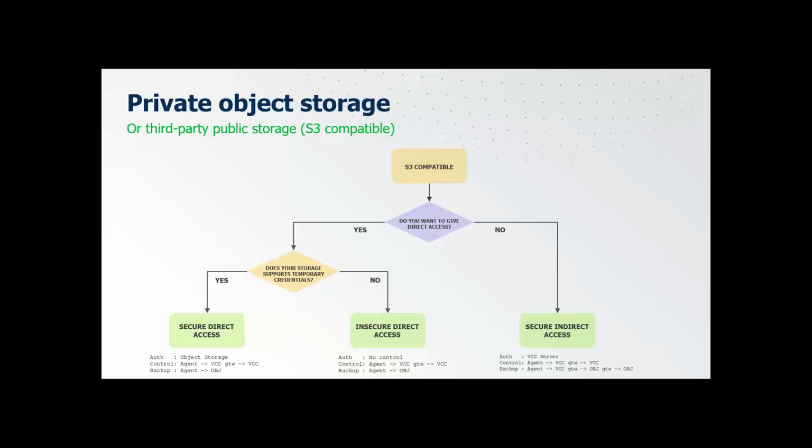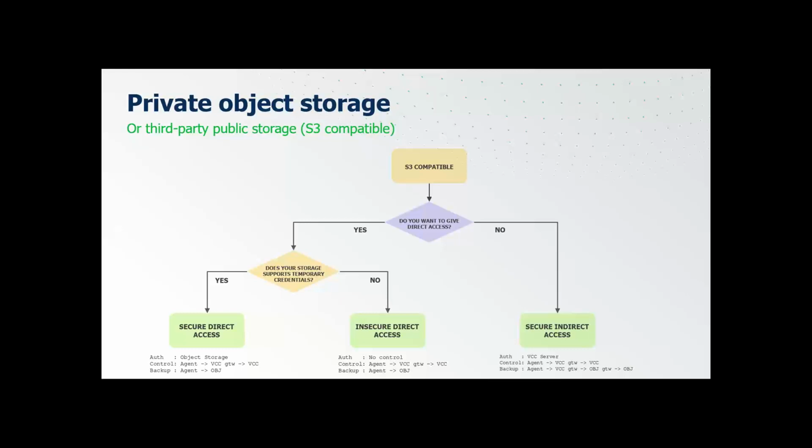The other option is, yes, I want to give my agents access directly to my object storage. To do so, I need to check one thing, which is whether my storage solution supports temporary credentials. And stay with me for a while, I will explain what these temporary credentials are.